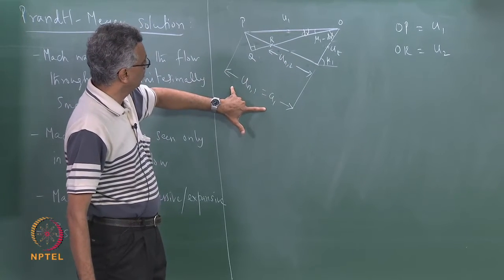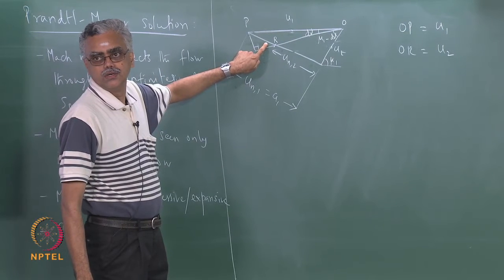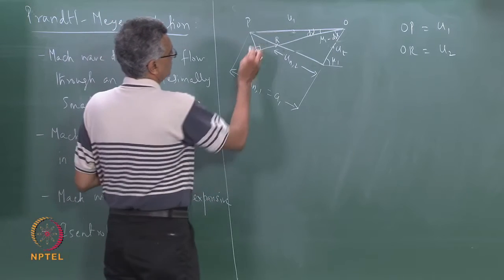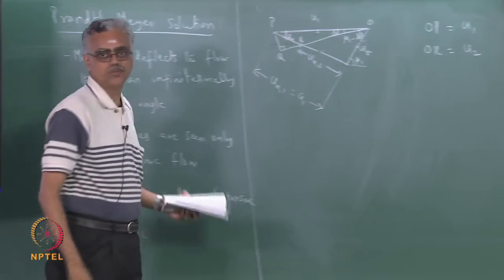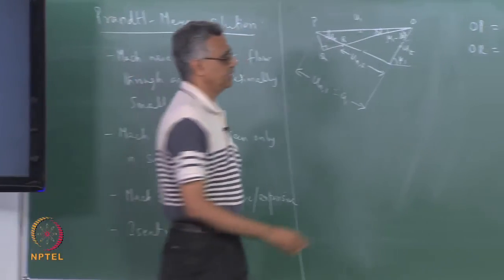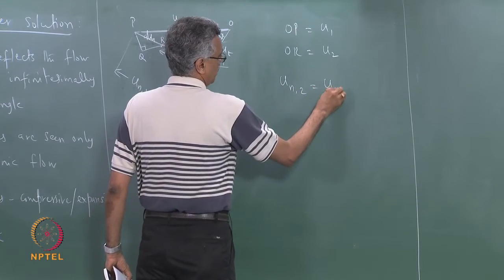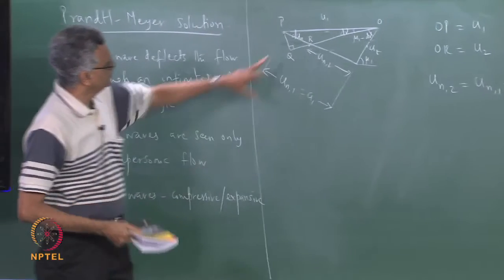This whole thing is UN1. So this PR is nothing but UN1 minus UN2. So I can actually write this as DUN because we expect the change to be very small. So what we are saying is UN2 is equal to UN1 minus DUN. That is what we have done here.